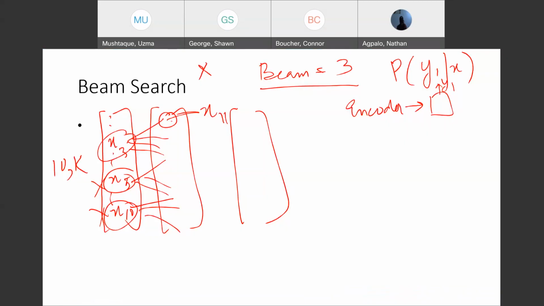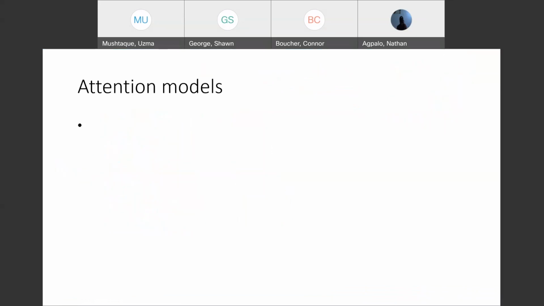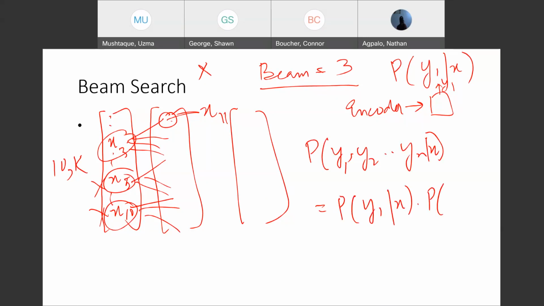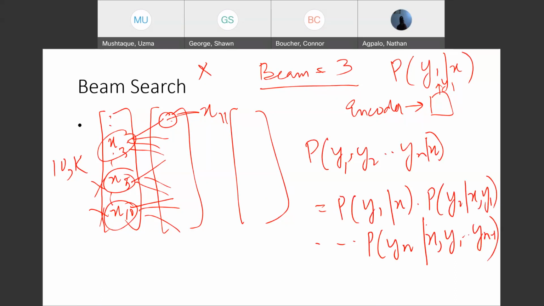What I'm trying to do is get these probabilities y1, y2, and so on up to yn, given x. So this should be the probability of y1 given x times the probability of y2 given x, y1, and eventually the probability of yn given x, y1 to yn minus 1, right?